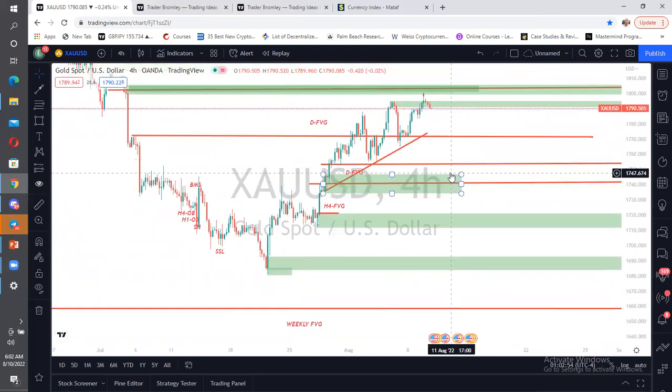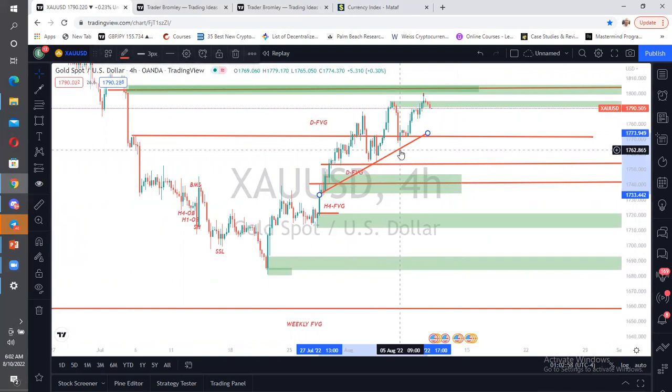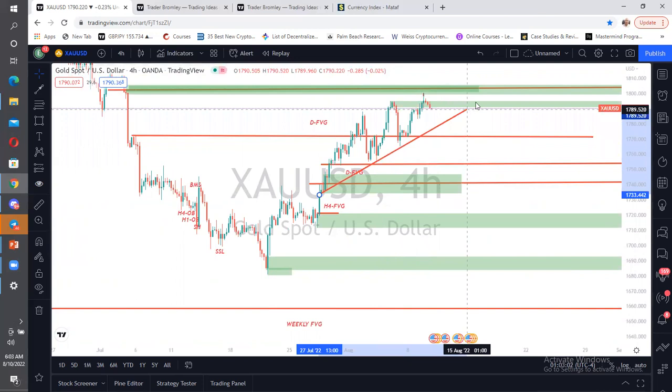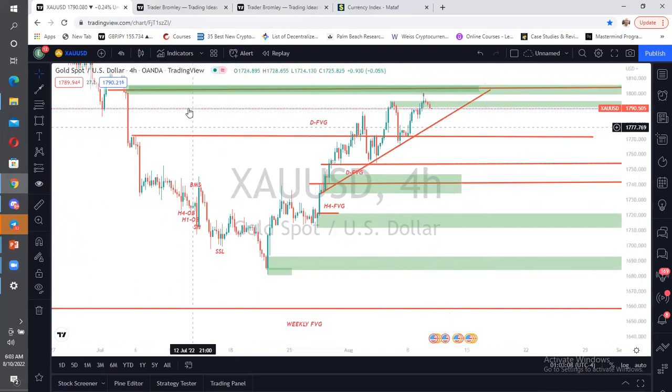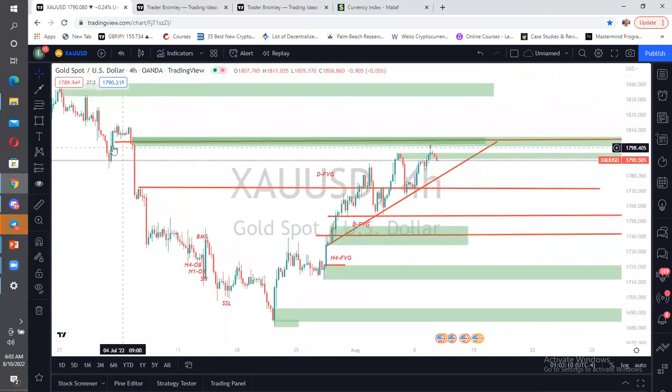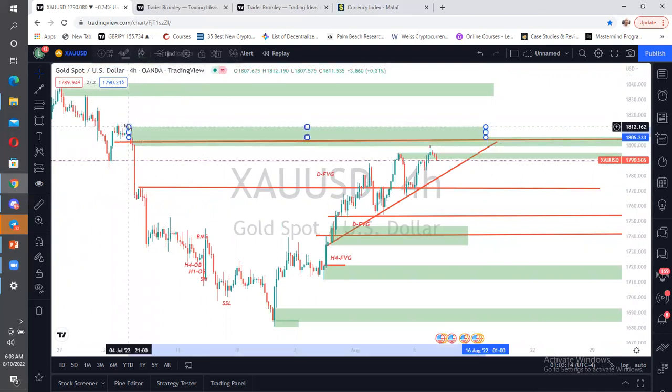As you can see, we still have this trend line liquidity here. And also here, we'll have a block here.